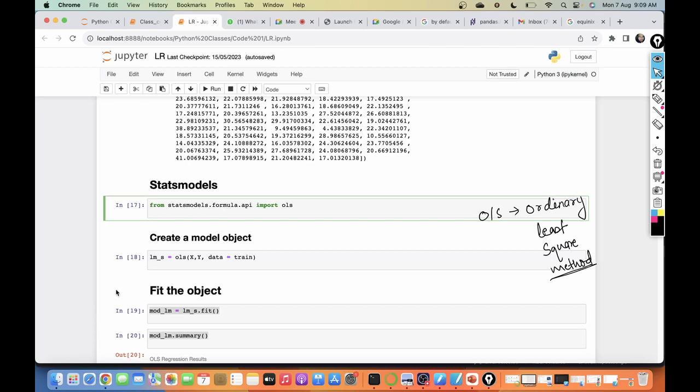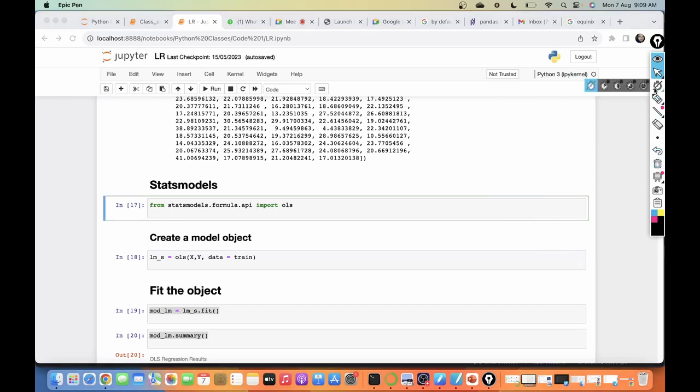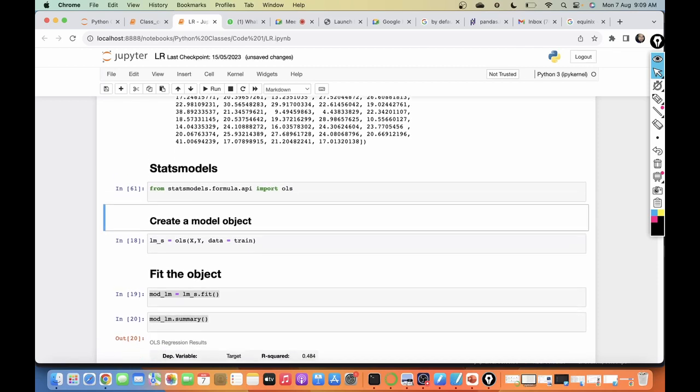So let's see how to get something from the Statsmodel. To take OLS, we will go into statsmodels dot formula dot api and import OLS, right? Let's import it. Now done.